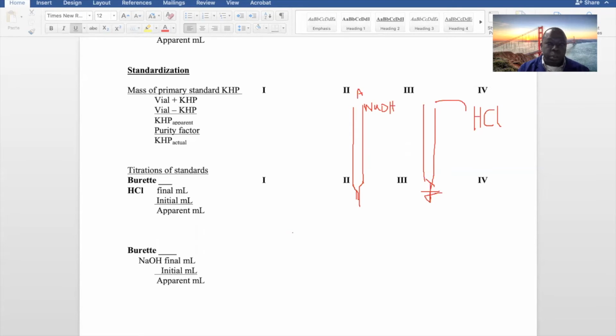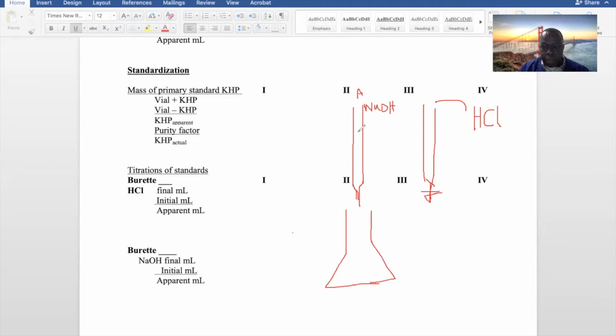You know the mass of KHP you had in sample 1, sample 2, sample 3, sample 4. So we're not going to take that into account. But here is what you had to pay attention to now: your sample was over titrated.